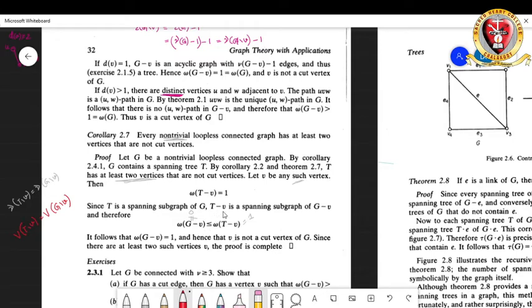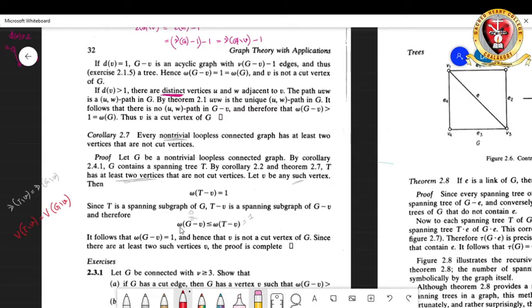So from that logic, the number of components of G minus v will be less than or equal to the number of components of T minus v. And we already got that the number of components of T minus v is equal to 1.